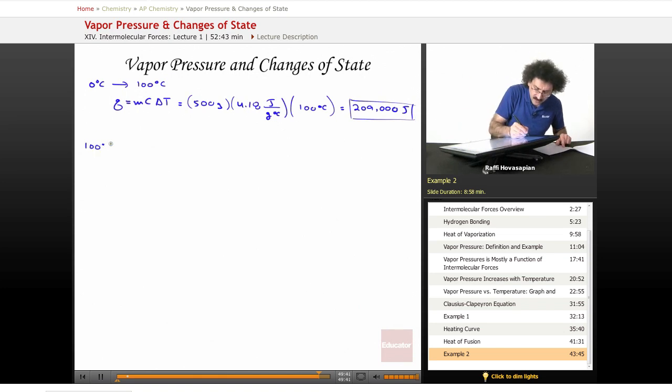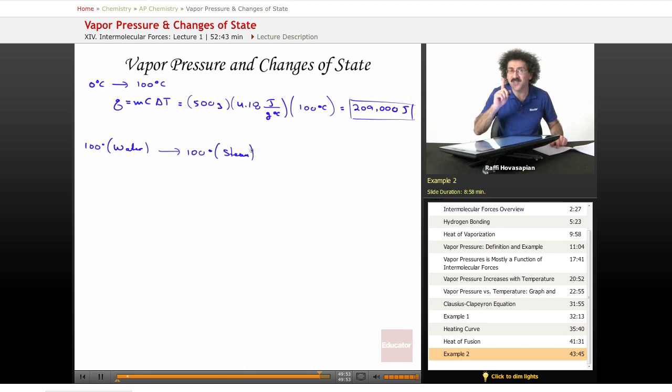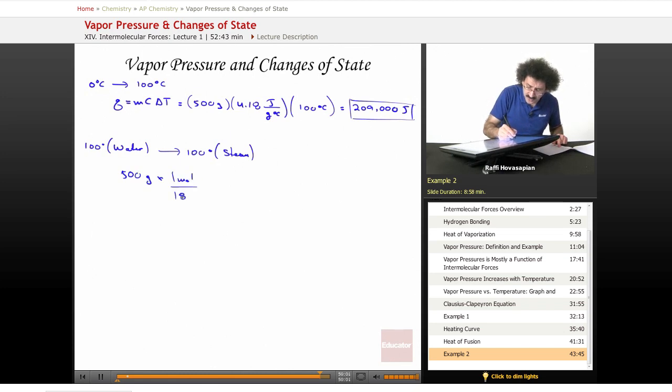So at 100 degrees Celsius, we have water, and we need to convert that to steam at 100 degrees Celsius. Notice the temperature stays the same until everything is converted. Once again, we have 500 grams. Well, 1 mole happens to be 18 grams, so that is the mole conversion.